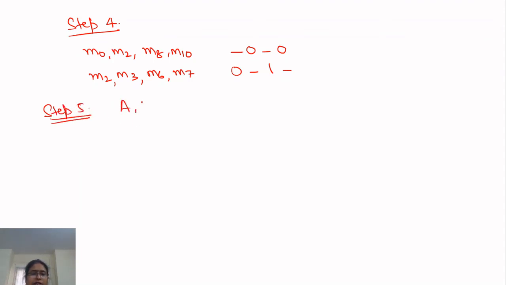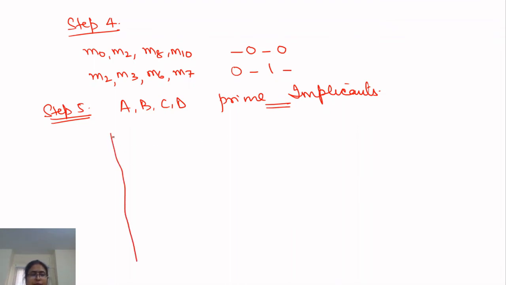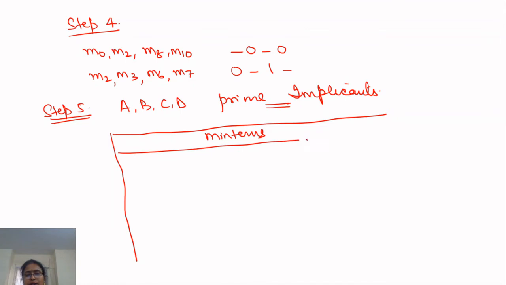Now A, B, C, D are your prime implicants. They are called the prime implicants, and you have to form a chart of the prime implicants. So these are the main terms which are given in the question.